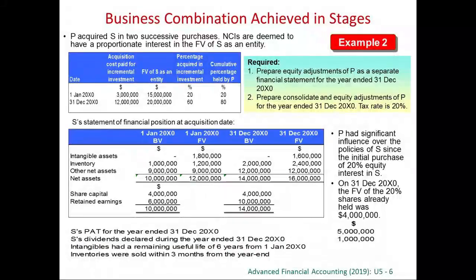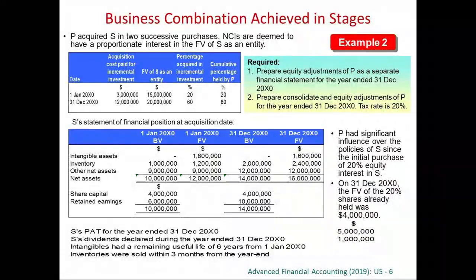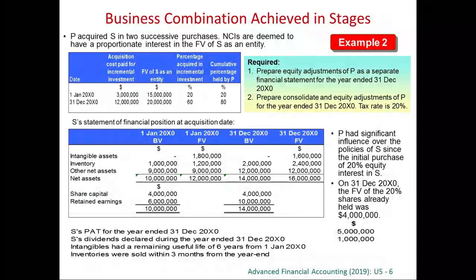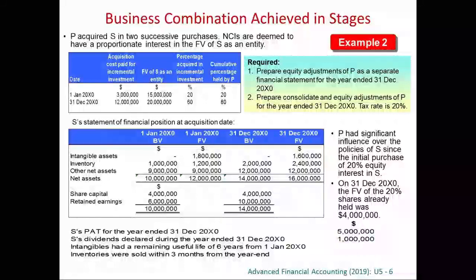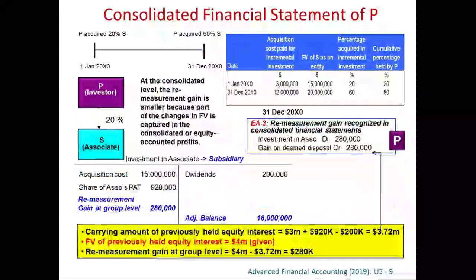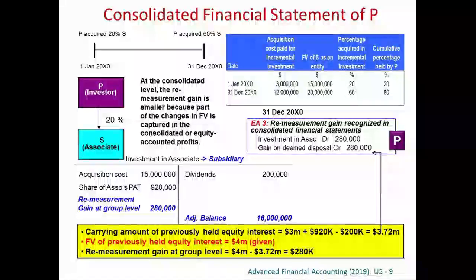So it must be carried at fair value, 4 million. Okay? So what does that mean? This means you must remeasure it from 3.72 to 4 million. To remeasure it from 3.72 to 4 million, you need to debit investments, 280.